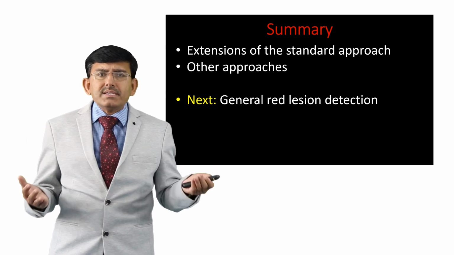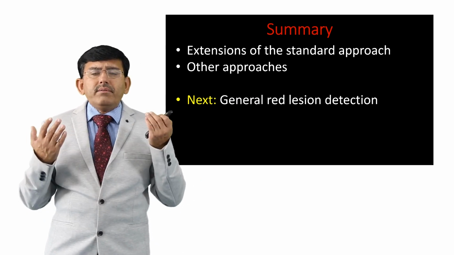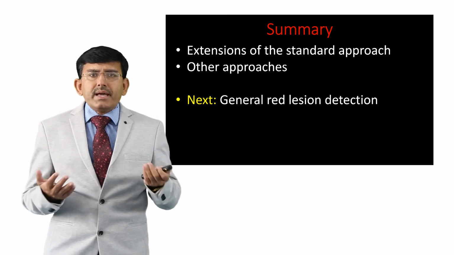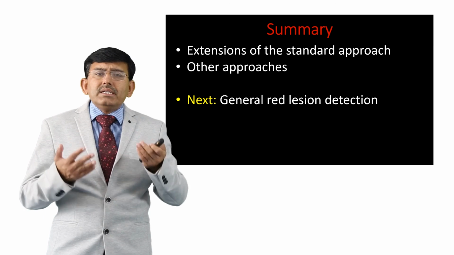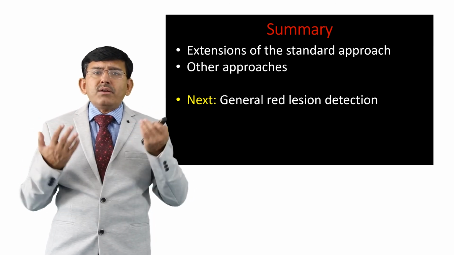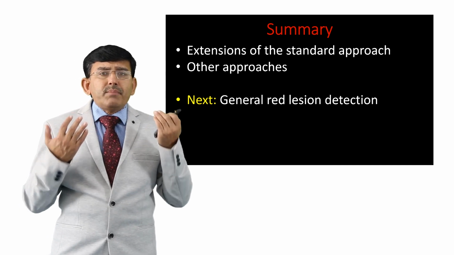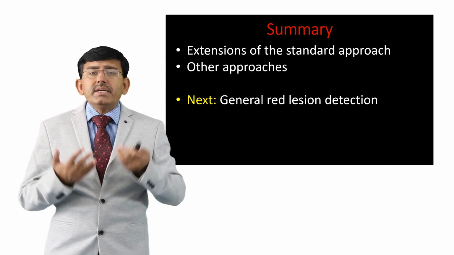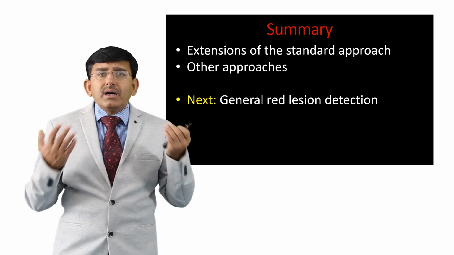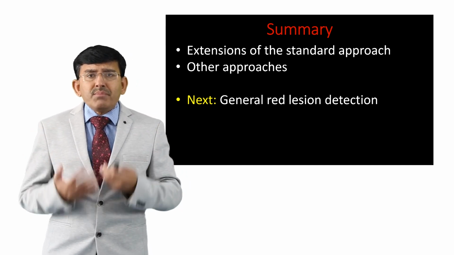Now let us summarize. Overall, we have seen in this module extensions of the standard approach and other approaches to extract the important features called microaneurysms, because these features may be overlapped with other lesions of the images.